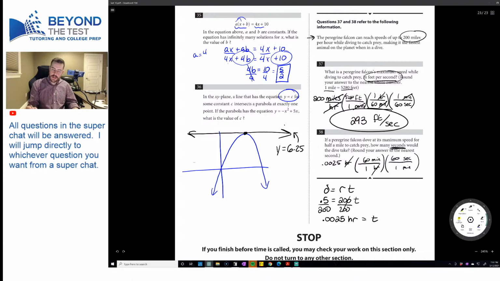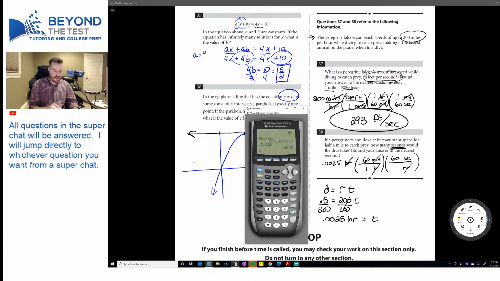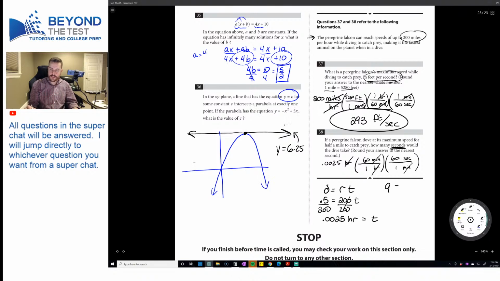So hours cross out, minutes cross out, and that leaves me with seconds. I just need to multiply our answer, 0.0025, by 60, and then multiply it again by 60. If I do that, this would take 9 seconds. And there we go. There's our entire SAT test done, test number 10.